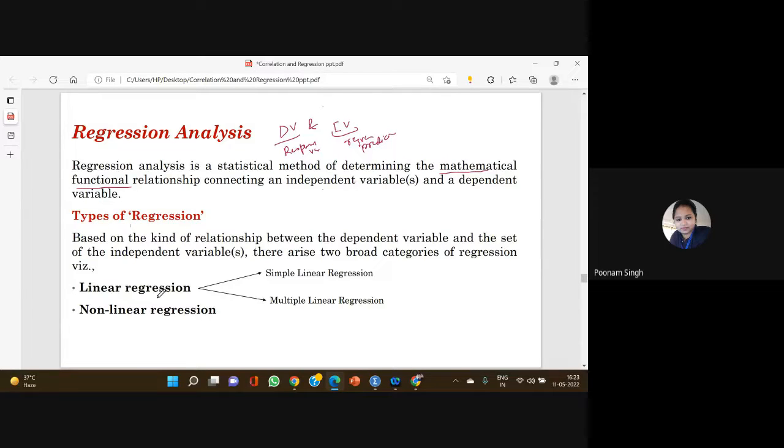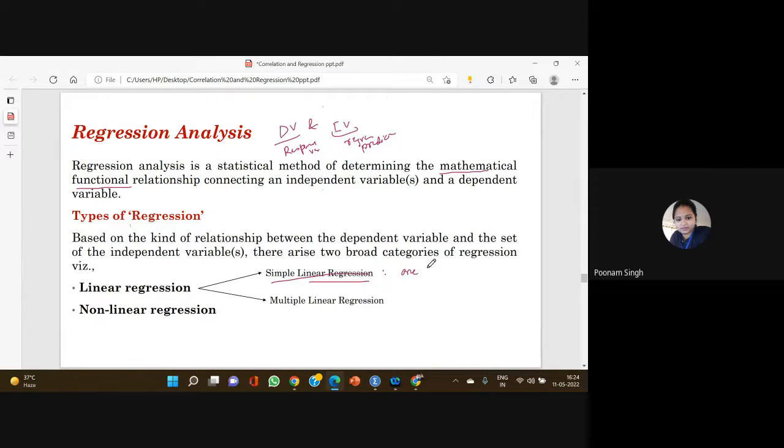So if the relationship between the two variables is linear and there is one independent variable, then the regression is simple linear regression.